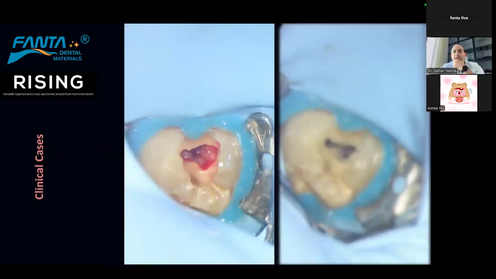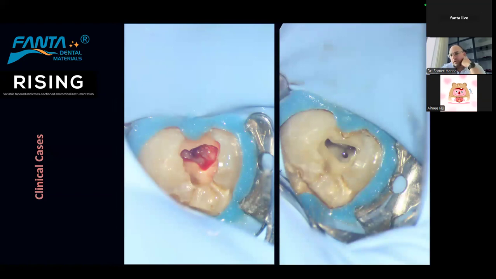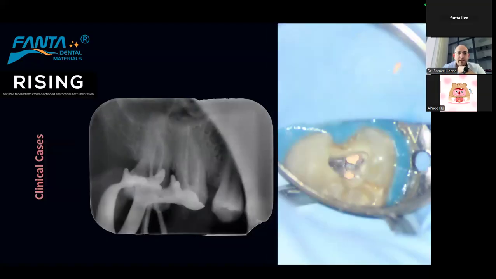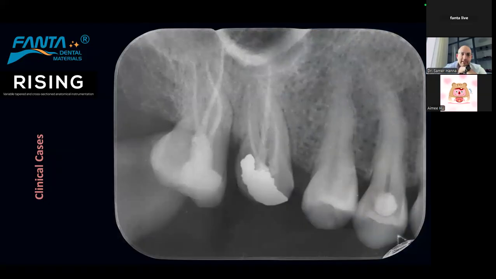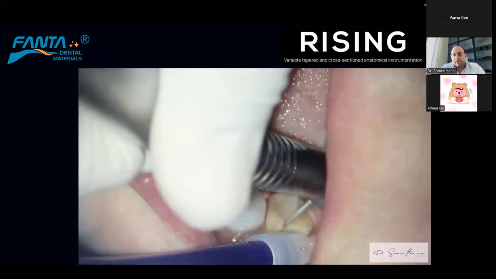We started with cleaning and shaping. You can see that after cleaning and shaping, the orifice looks small, but neat, clean, and everything's done in the correct way. We can see master cone fitting and obturation. And at the very end, we can see the curvature, how it's from the middle third of the root, how it's curved, and how it was able to be managed.